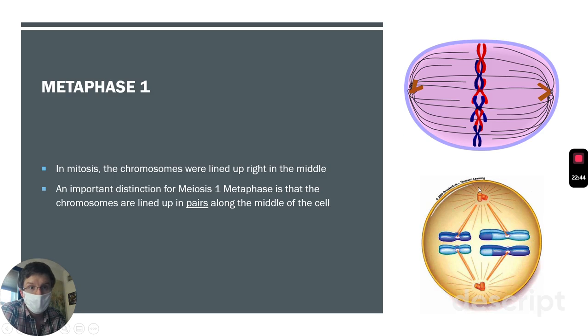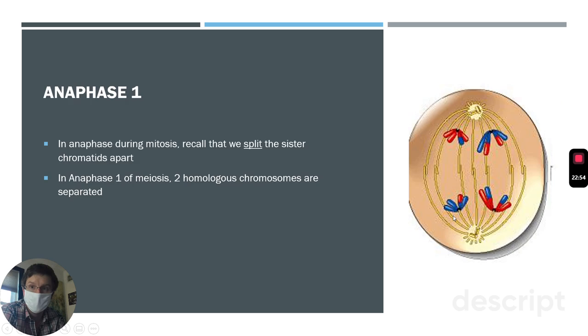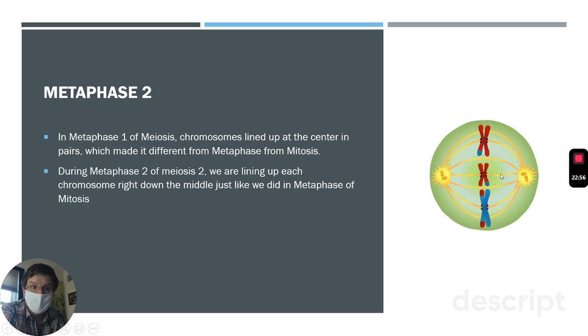Now, look at this bottom part right here. See how that's different? In metaphase 1, they were lined up in pairs right next to each other. In metaphase 2, they're lined up right down the middle like they were during mitosis. So that's how metaphase 2 is different. They're lined up directly down the middle, not in pairs.